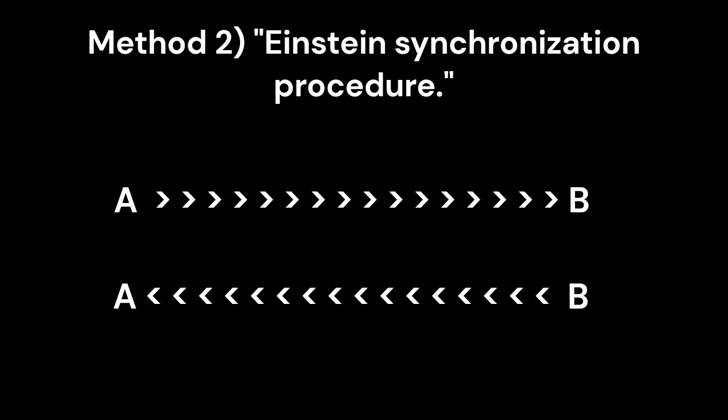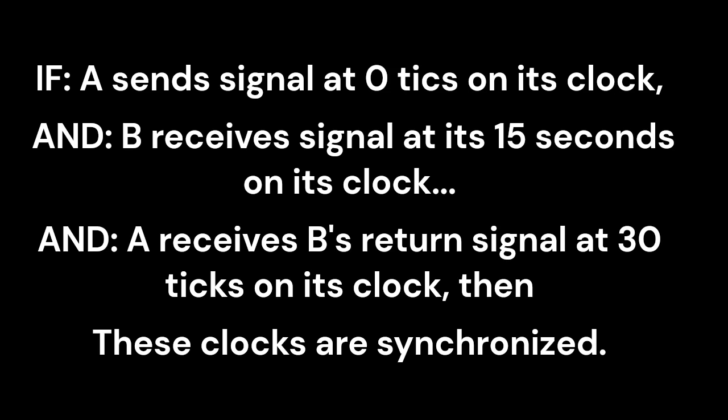Next, stations A and B communicate with each other about the recorded times. Clock A has recorded 2 times. Clock A and clock B are said to be synchronized by Einstein's method if the time recorded by clock B is exactly midway between the 2 times recorded by clock A. Now the irony should be apparent.